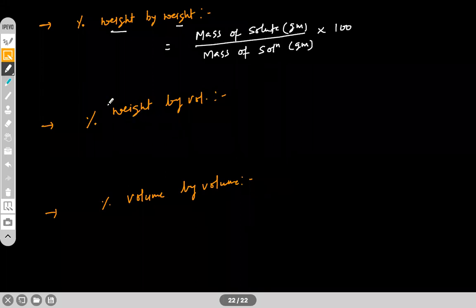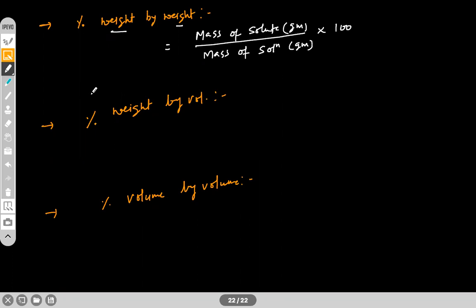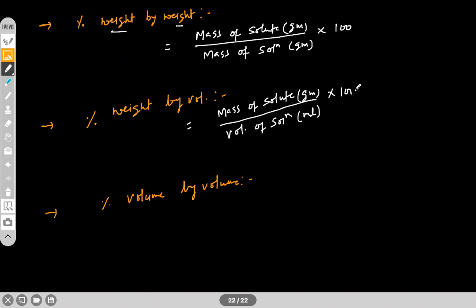Here we have weight by volume. The first term will go with solute, the second will go with solution. So this will be mass of solute in gram, divided by, since we have volume here, volume of solution in ml, into 100. Here also, what should we write?